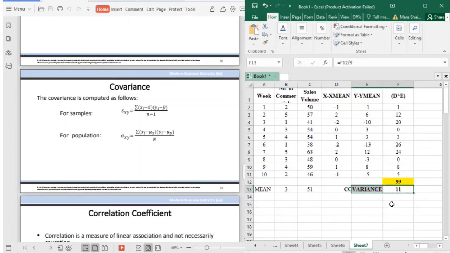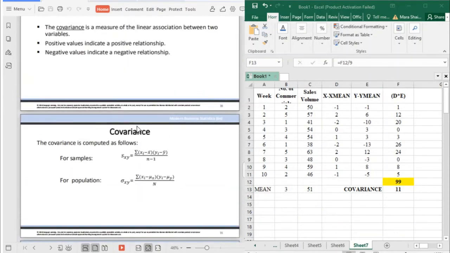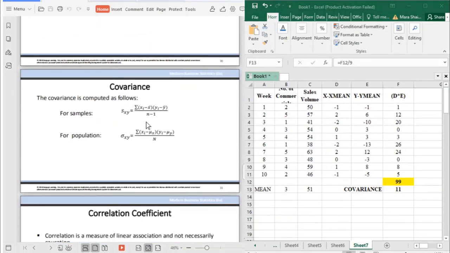This is how you get the covariance. Since it is positive, there is a positive relationship between the commercials and the sales volume. Meaning, the commercials have an effect on the sales volume of the store. That's how you interpret the covariance.